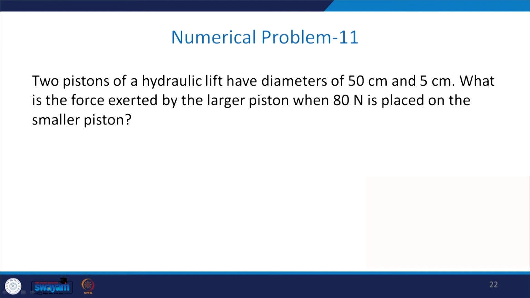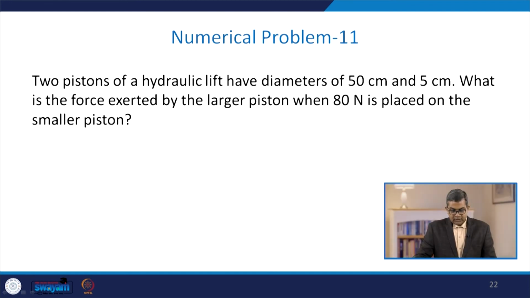Now the last problem for this particular chapter is that 2 pistons of a hydraulic lift have the diameters of 50 centimeters and 5 centimeters. What is the force exerted by the larger piston when 80 Newton is placed on the smaller piston?